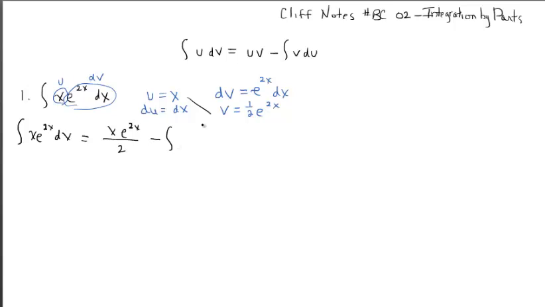Minus the integral voodoo, so ultraviolet voodoo. And we don't have a product anymore, so I'm going to pull the 1/2 out and integrate again. When I pull the 1/2 out, I'm left with e to the 2x, which that antiderivative is the same thing here.